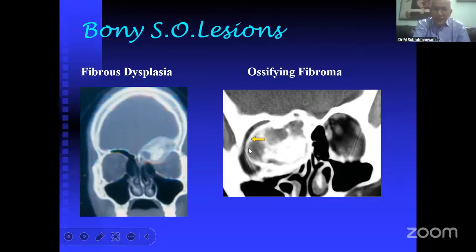The other important tumor is ossifying fibroma. In ossifying fibroma, you see a calcified sclerotic rim that is very clear cut. This type of rim you are not seeing in fibrous dysplasia, and it can have cystic spaces and calcification inside.